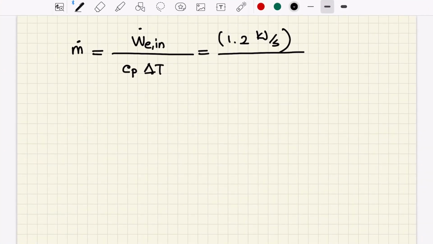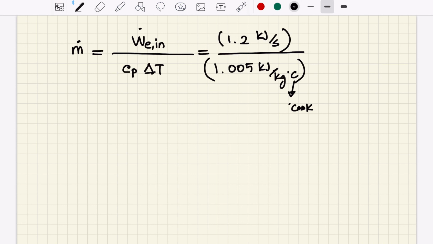So we're going to plug in 1.005. The unit doesn't matter here. It can be changed to Kelvin interchangeably because it's a degree change. For a degree change, whether it's Kelvin or degree Celsius doesn't matter.